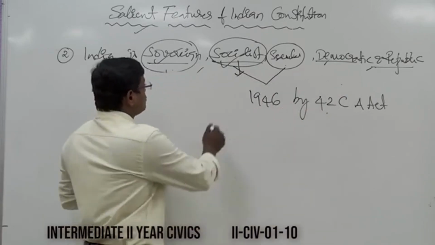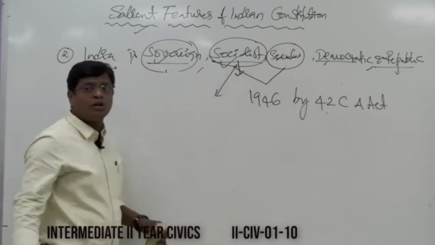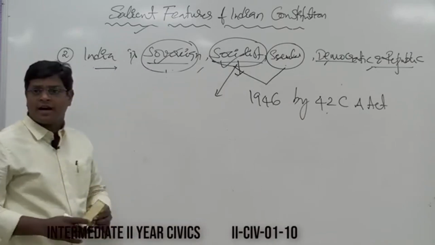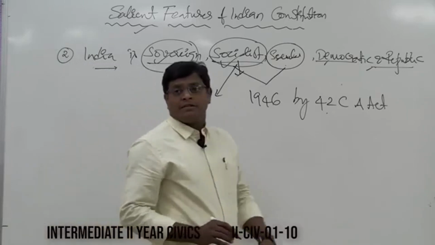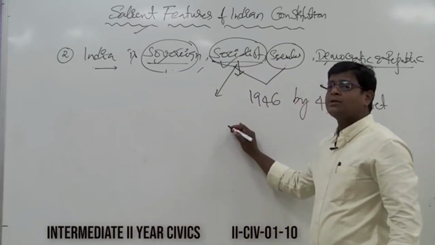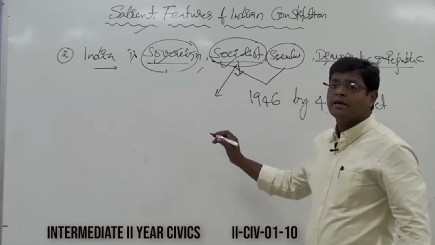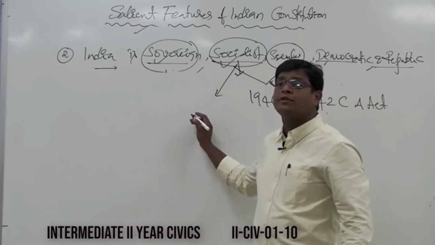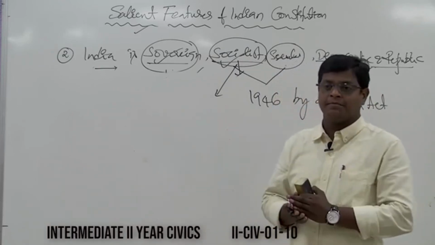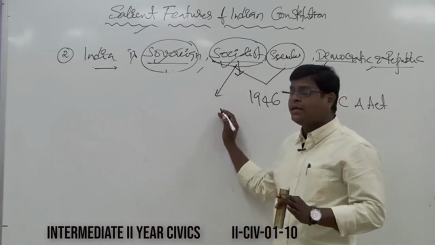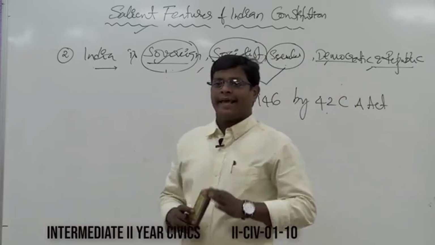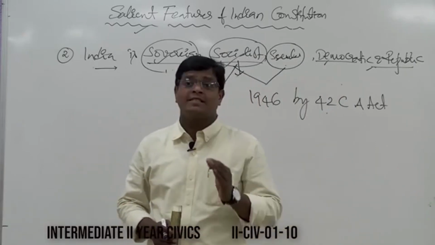So now, a socialist country. Do you know what is meant by a socialist country, a socialist state? In a socialist country, the state should take responsibility to provide economic, social and political welfare to the people of the country. Understood? The state should take responsibility to provide social justice, economic justice and political justice.